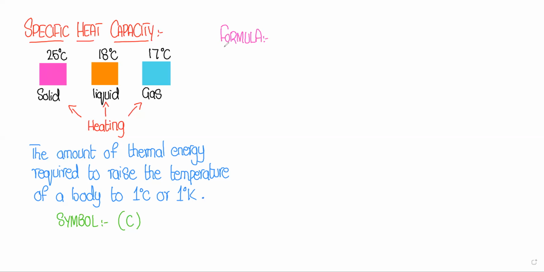If we take the reference from the definition, C equals the amount of thermal energy, which means the amount of energy, delta E, right? Divided by the mass of the body, because energy is required to raise the temperature of a body, so small m is the mass of the body, and we raise the temperature by 1 degree, so for temperature we use delta theta.